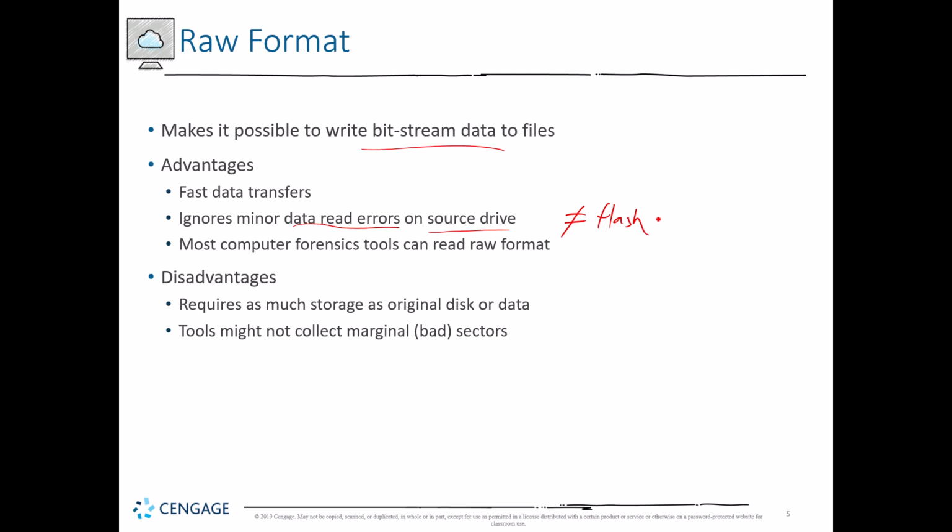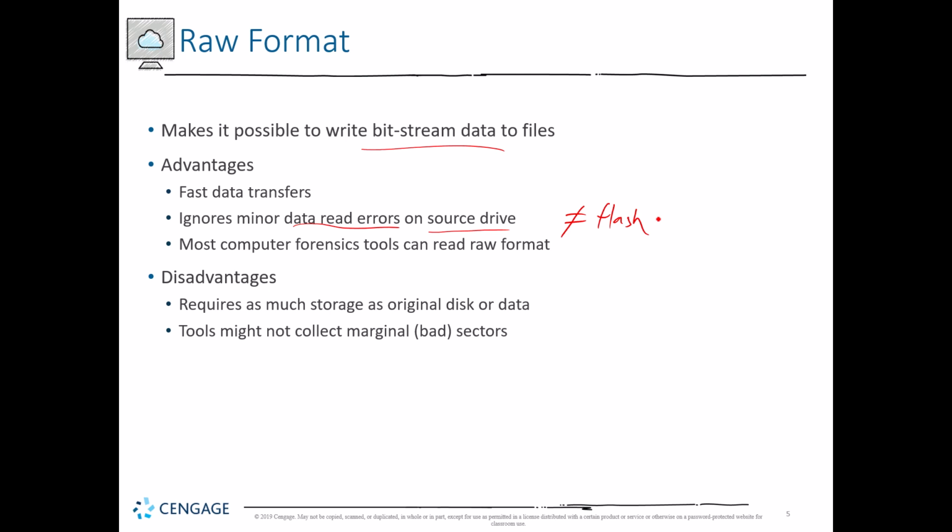So we do want to look into the raw format and specifically look at the hash values if there are minor read errors. The nice thing is with the raw format, pretty much everything can read it. The disadvantage is storage. If you're capturing a 100 gig file, you need storage larger than 100 gigs because there's overhead to a large raw capture.